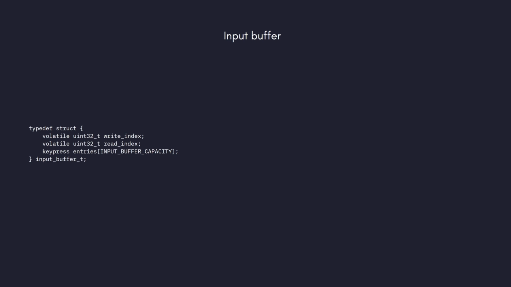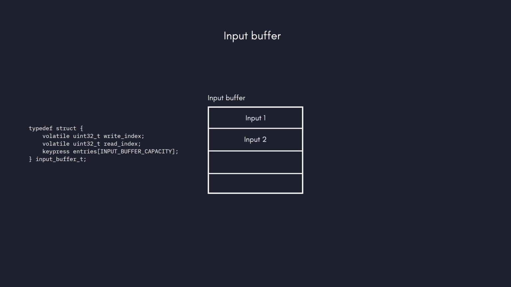Then it has a write index and a read index. So the write index simply indicates where the dispatch has currently written the last input, and the read index is the last one that the process has read. And then we have a syscall, read key, which returns a boolean if we have read a key or not, and then takes a parameter, keypress pointer, so that the process can allocate some space for the keypress to be written, and it will be copied from the input buffer into this pointer.